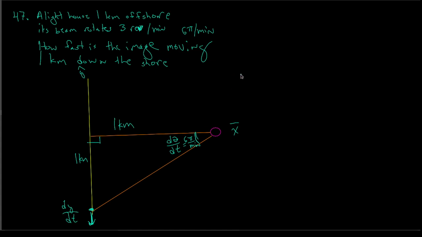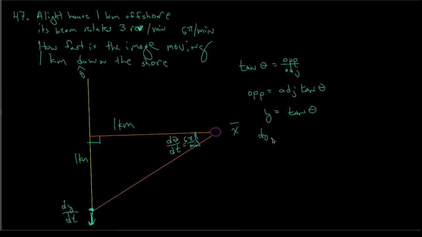So tangent of theta is the opposite over adjacent. And so we want to solve for the opposite. So the opposite is equal to the adjacent times the tangent of theta. And the opposite is y, and the adjacent is always 1. So y equals tangent theta.